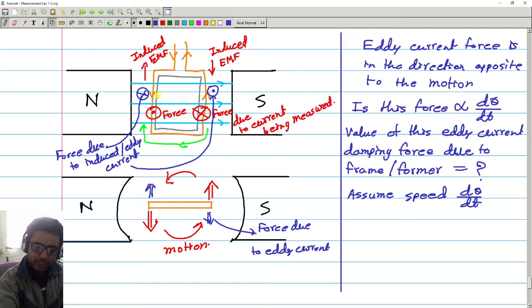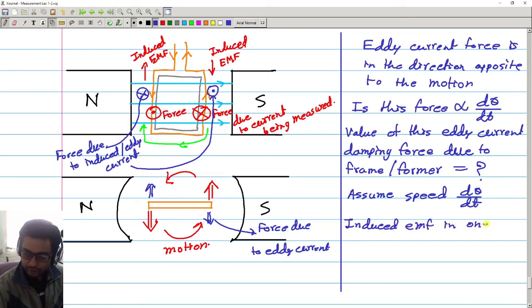Then how much will be the induced EMF? The induced EMF in one side of the former, the frame, is the same as the rate of intersection of flux.